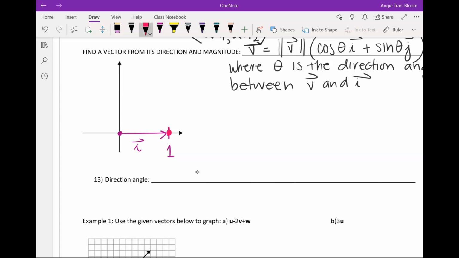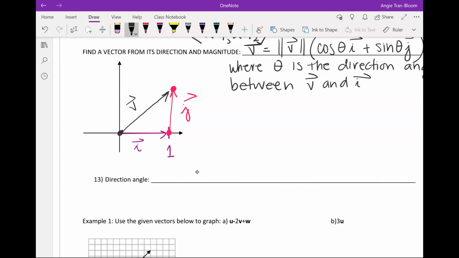This is a vector j. Now vector v equals something i plus something j. So that's why vector v starts here and ends there. This is vector v.